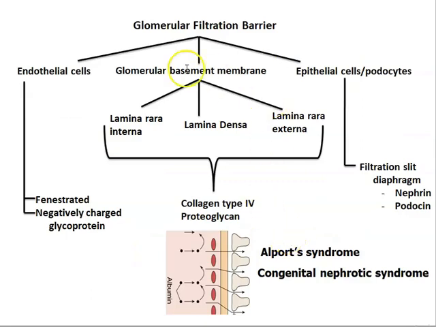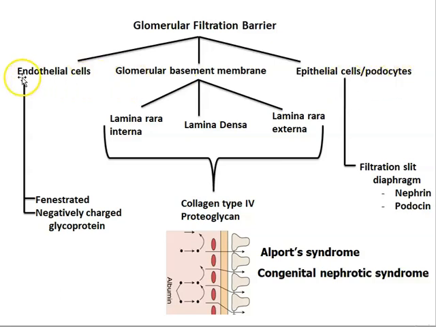To summarize, we have been discussing the glomerular filtration barrier, and we realized that it consists of three layers. The innermost layer is the endothelial cells of glomerular capillaries, followed by the glomerular basement membrane or GBM, and the outermost layer consists of epithelial cells or podocytes.